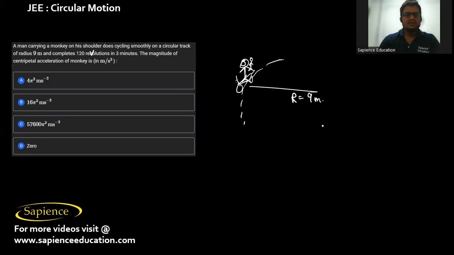It should be 120 revolutions in 3 minutes. The magnitude of centripetal acceleration of the monkey is.